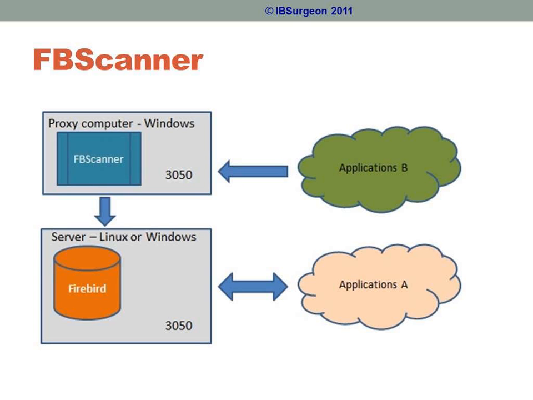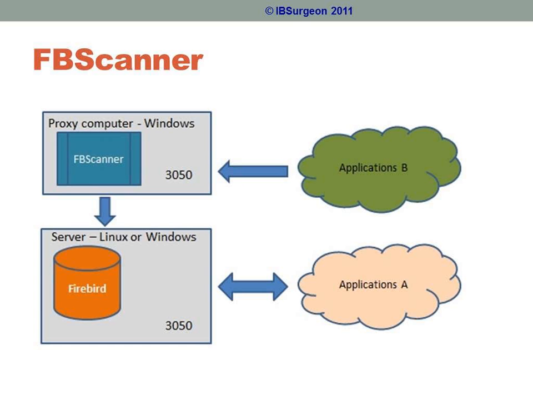All users can work with the Firebird server directly. It's not a problem. It's okay. And we do not recommend using FB scanner to monitor all the connections. Really, when you get in the log everything about every application, it will be very hard to understand which application did what at a particular time.